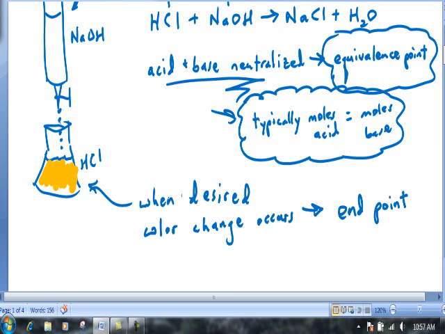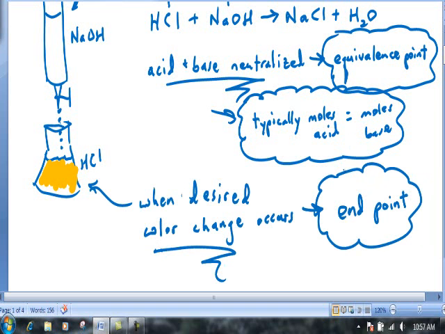However, when the desired color change occurs, in titration language, this is known as the end point of the titration, in that when the color change occurs, it tells us to stop the titration, crank the valve closed to stop adding additional base. We try to match the color change such that the indicator solution used makes the color change occur in concert when we're close to being at our equivalence point.